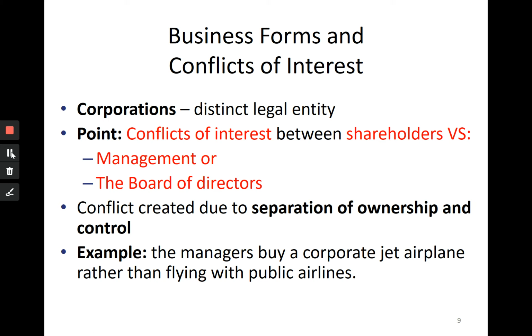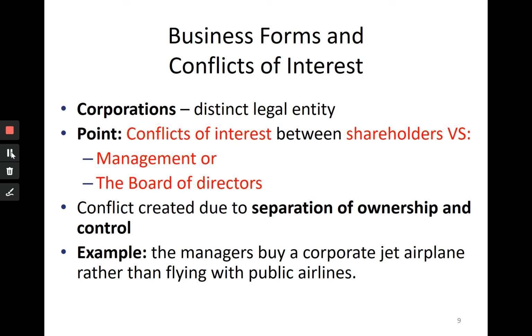Corporations are often the focus of our study in finance because public corporations are large and generate quite a bit of output, and they are important to our economy. A corporation itself is a distinct legal entity, and can act like a legal individual.